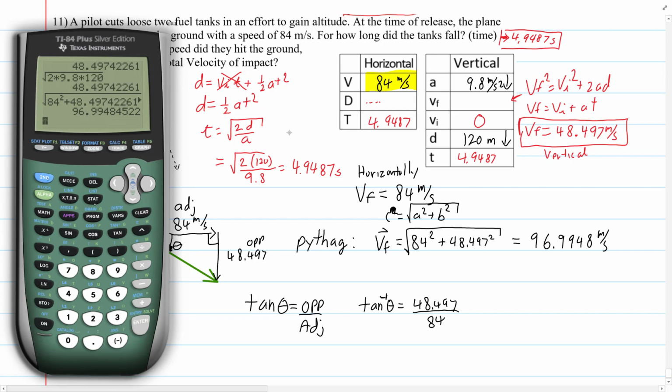Second tan of 48.497 divided by 84. And that gives me 30 degrees. Hey, that's pretty cool. And that is 29.9998 degrees.